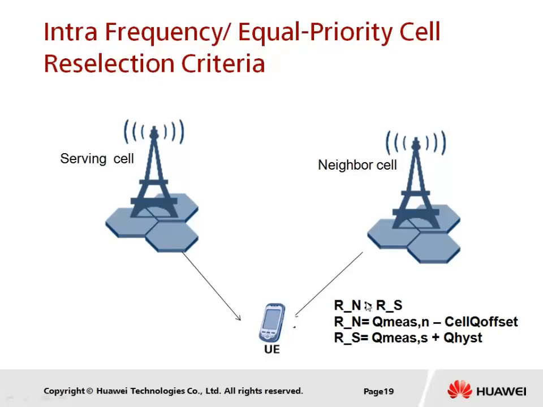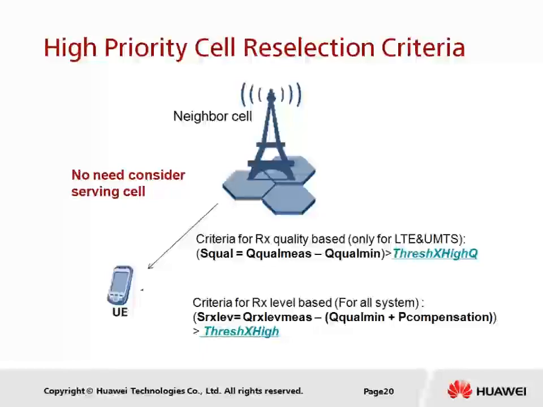The user will only perform reselection if Rn is greater than Rs for some time. Rn equals the measured RSRP minus the cell offset. Rs equals the measured RSRP of the serving cell plus hysteresis. So when the neighbor is greater than serving, the user will perform reselection.